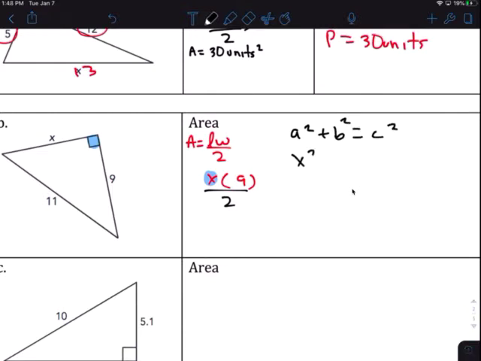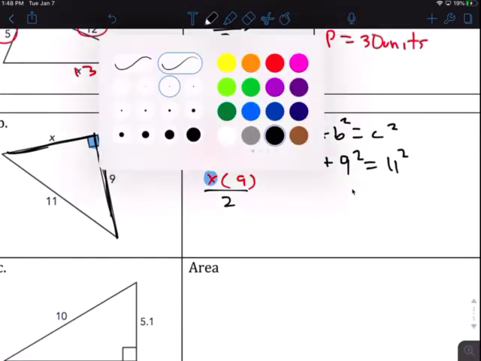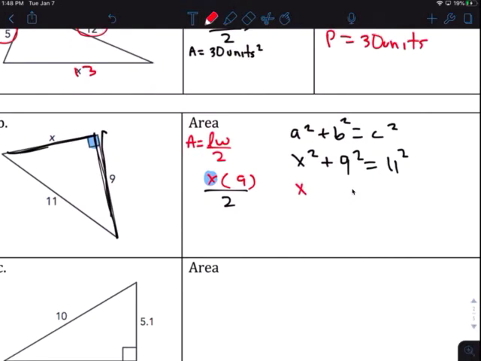A is X squared plus B, which is 9 squared. A and B are by the 90 degree angle, and C is 11 squared. So you get X squared plus 81 equals 121. Subtract 81 from both sides. You get X squared equals 40.